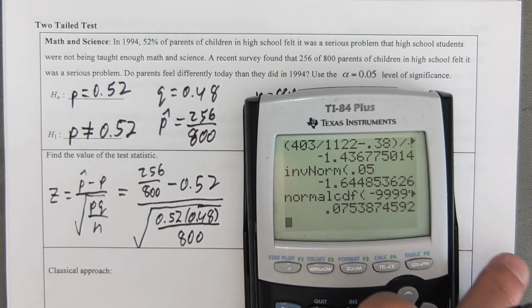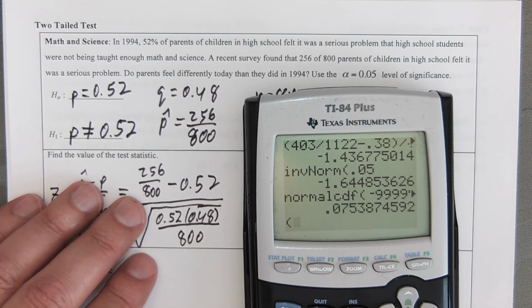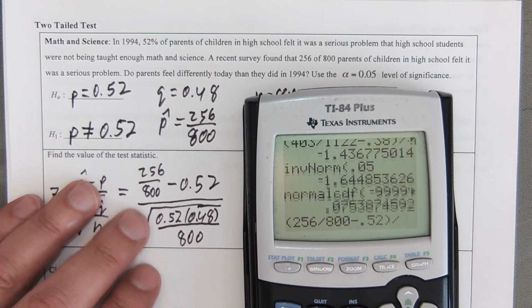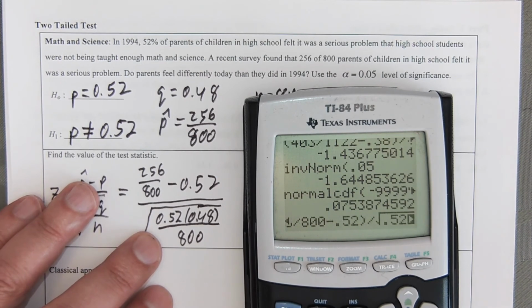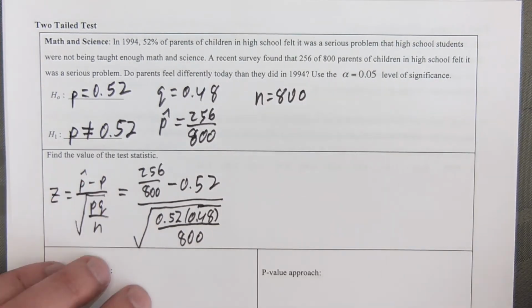So once again, I'm going to use my parentheses: 256 divided by 800 minus 0.52, close, divided by the square root, 0.52 times 0.48 divided by 800. And there's my test statistic. That's huge.